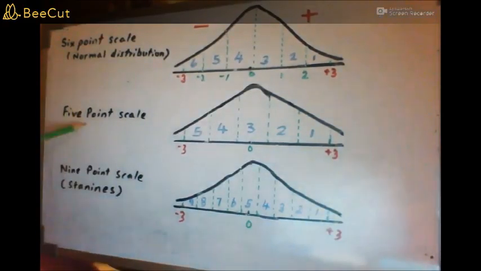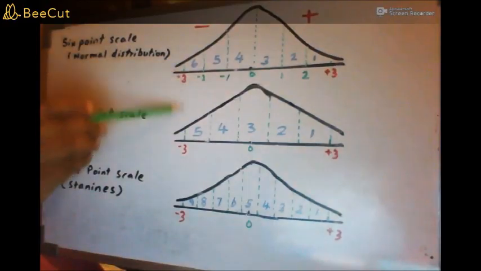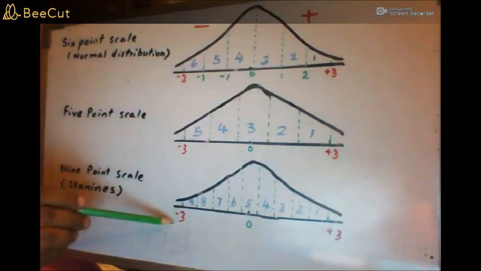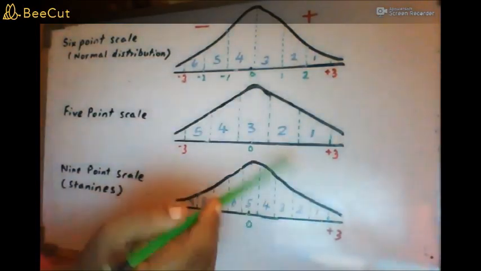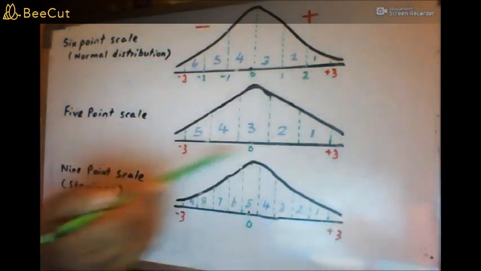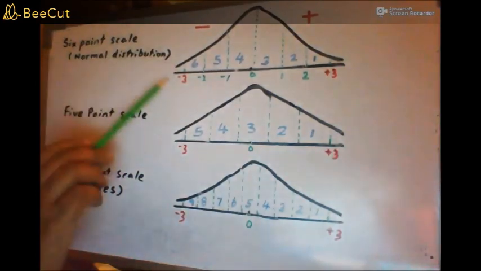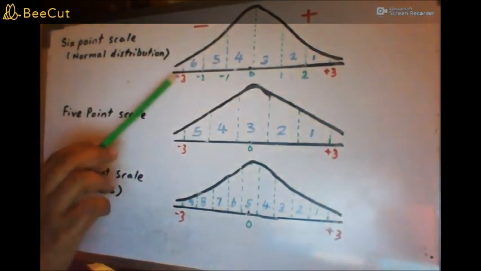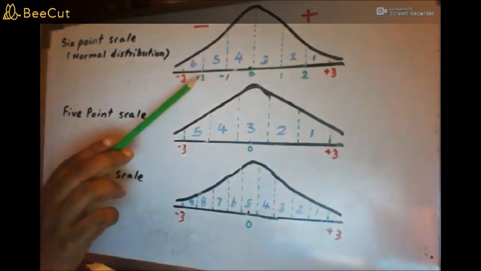Now when we consider the 5-point scale, we take the same limits, right? Here minus 3, here plus 3. The distance is the same. But now in the normal distribution, we divide the curve, the area, into 6 equal parts.